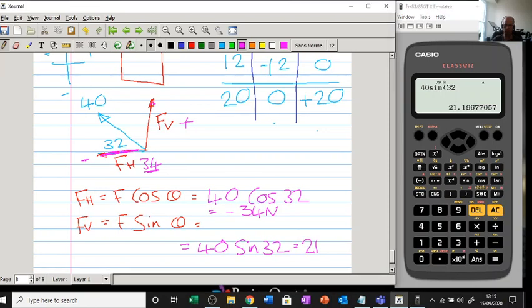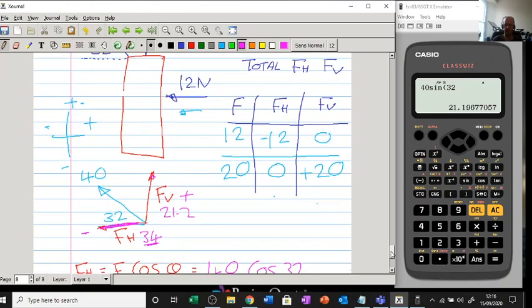Make sure we get the right things. 21.2 newtons. So this is 21.2 plus. Ta-da! Right. So you could draw that triangle and it'd work it out. So now we've broken this down. So this is the horizontal component, and this is the vertical component.